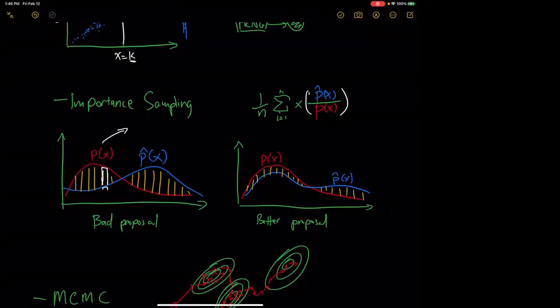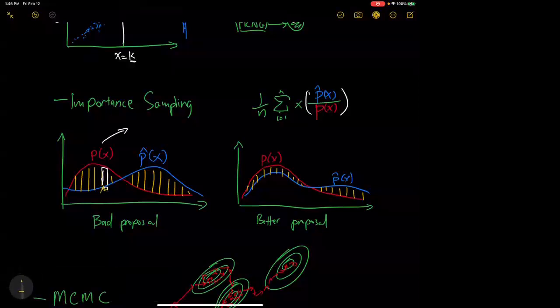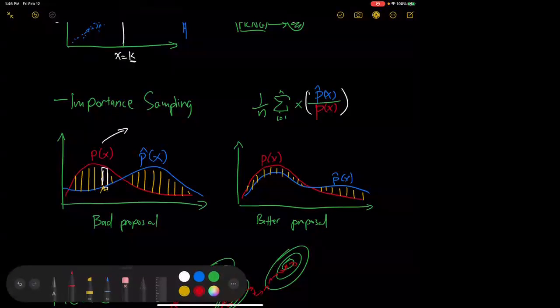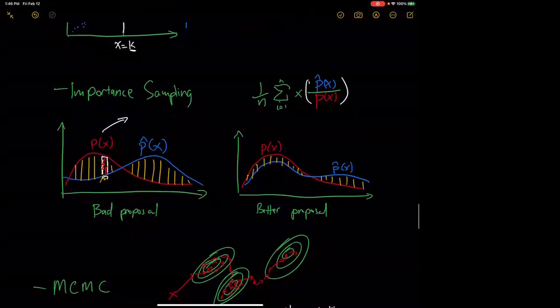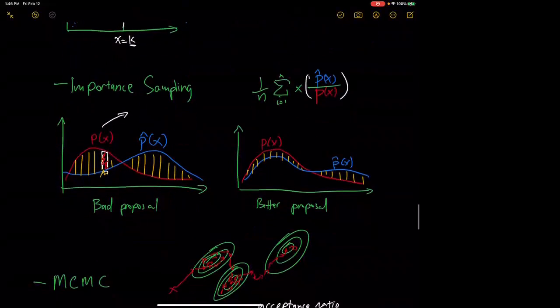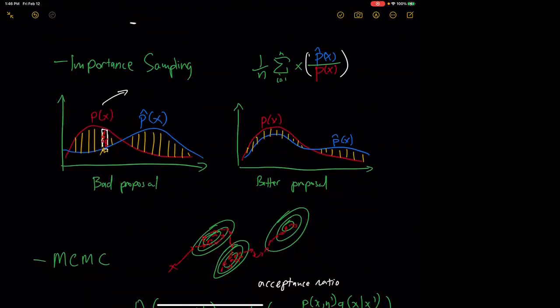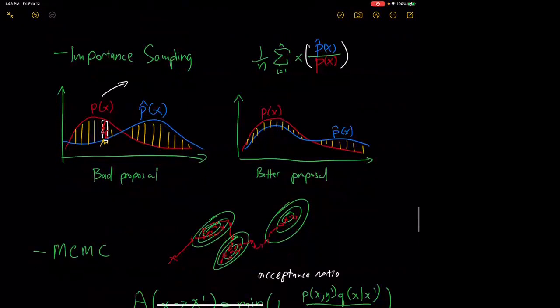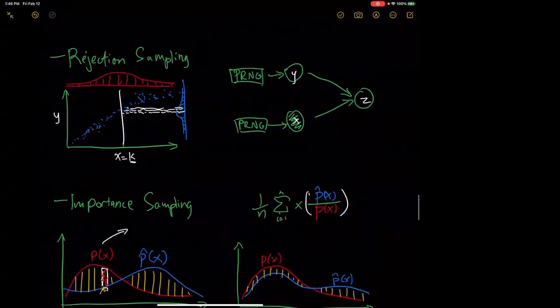So each time you generate a sample, you compute this ratio, and then this will tell you the importance of that sample. So this is kind of a little bit of an art, but if you have a good proposal, then this will work well. If not, then maybe it's no better or even worse than rejection sampling.